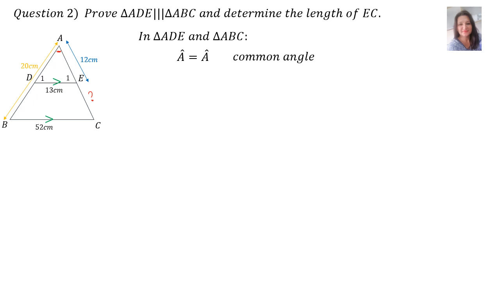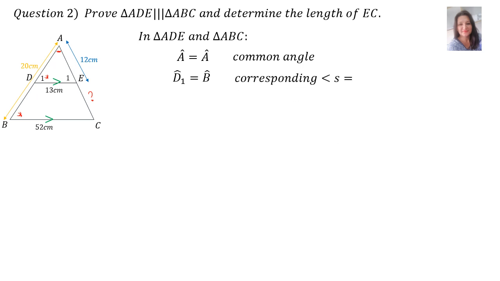Furthermore, it was given that DE is parallel to BC. And in our little toolbox, we have a rule that says when two lines are parallel, we find corresponding angles. Therefore, we can say that D1 is equal to B, and the reason corresponding angles equal.